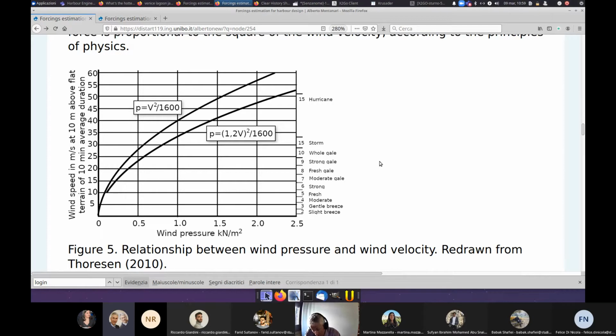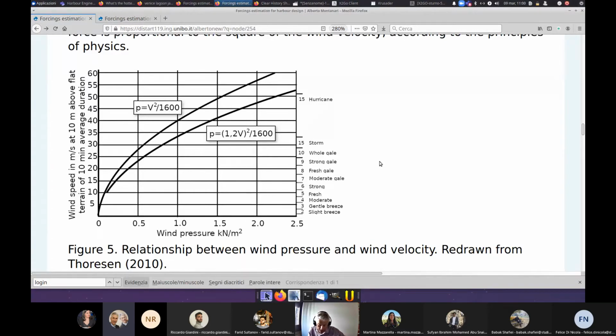Now, if the ship is moored, the resulting load is transferred to the berths. And this is our concern. This is our task, to estimate how the load by the wind is transferred to the berths, because depending on this load, we have to size and design the berths.